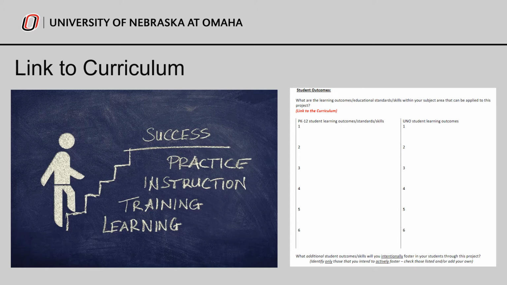On the right-hand side, UNO educators will identify their student learning outcomes. If you do already have a P16 partnership, you can complete this together. In service learning, this offers the opportunities for students to learn, train, instruct, and practice to become successful in their service learning experience.